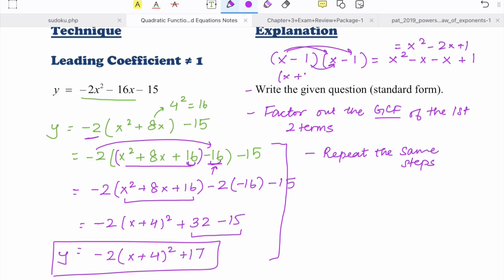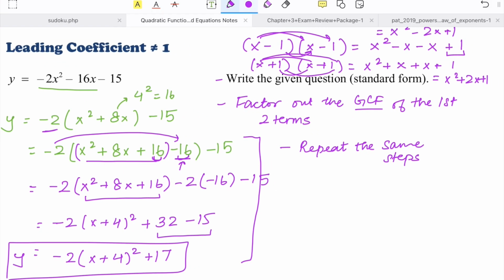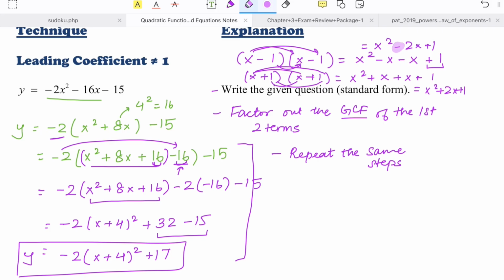If I had x plus 1 times x plus 1, I would still have a plus over here. So x squared plus x plus another x plus 1, so I'll have x squared plus 2x plus 1. So you can have a negative in your b value, negative or positive, but your c value usually is positive.